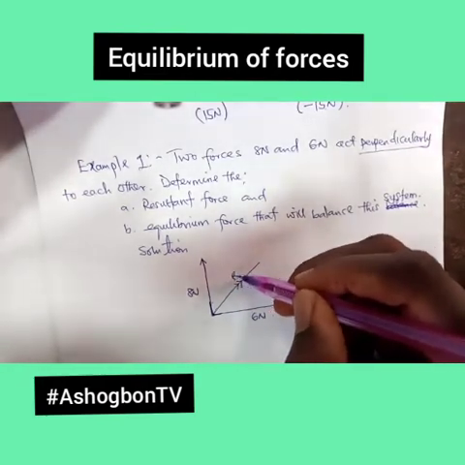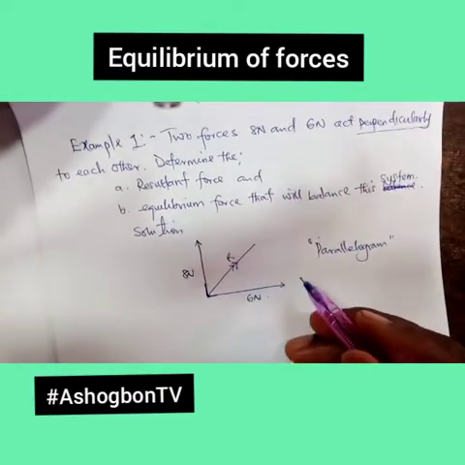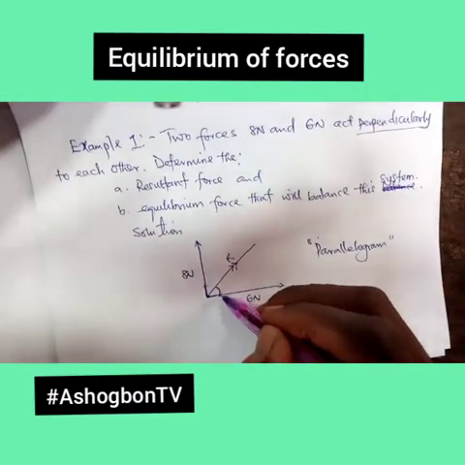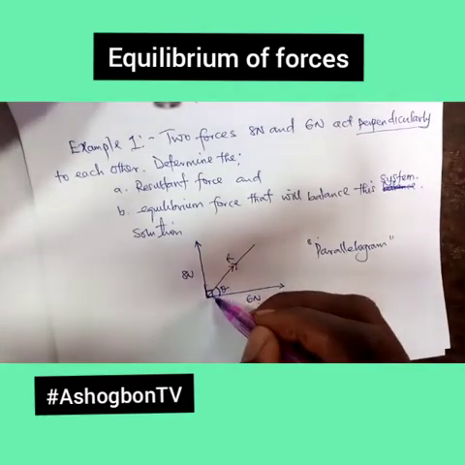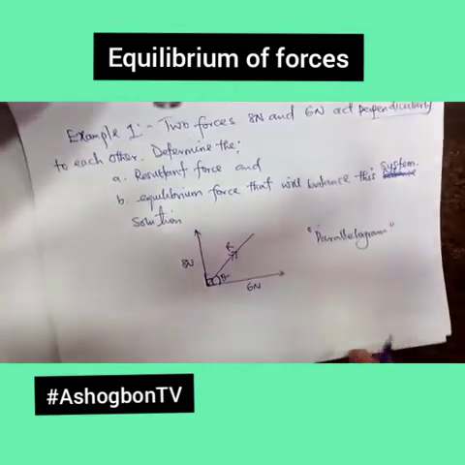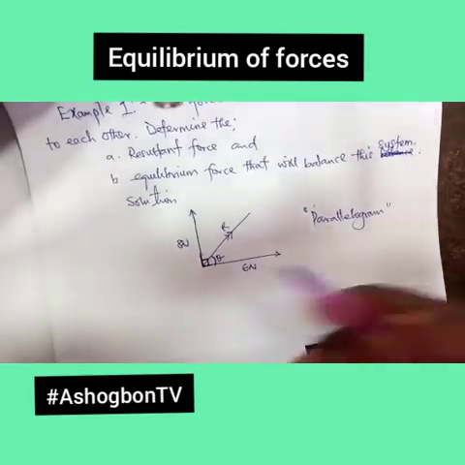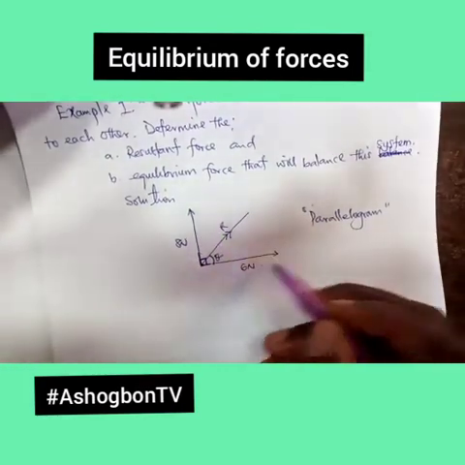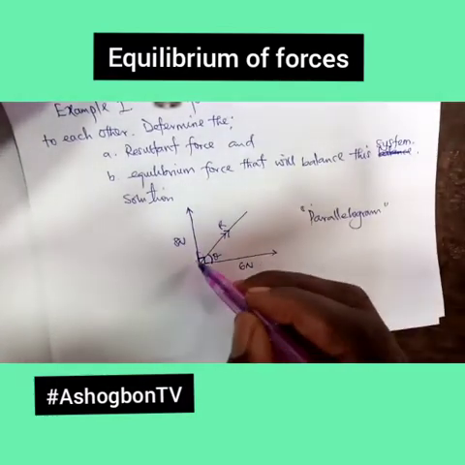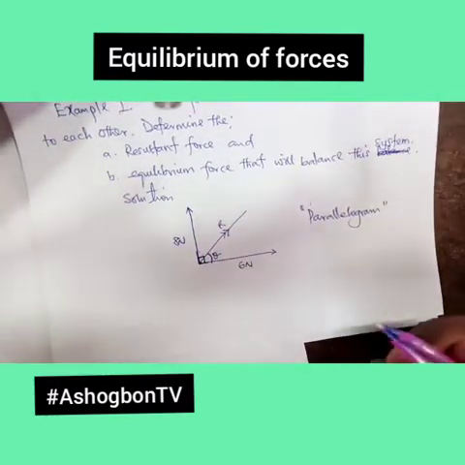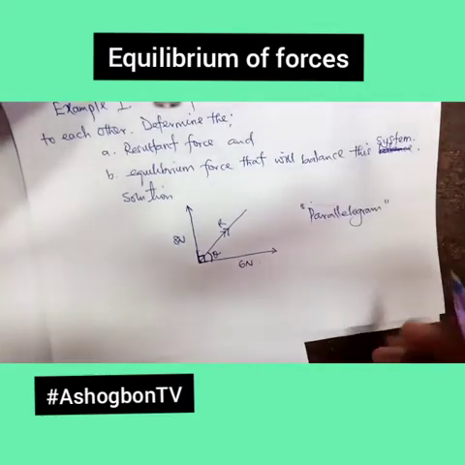So you have your resultant force here, and of course the angle will be angle theta. Here the angle formed between the two forces is what? 90 degrees. And if you can recollect, I've said it, whenever the angle between two forces is 90 degrees, all you have to do is to apply the Pythagoras theorem.